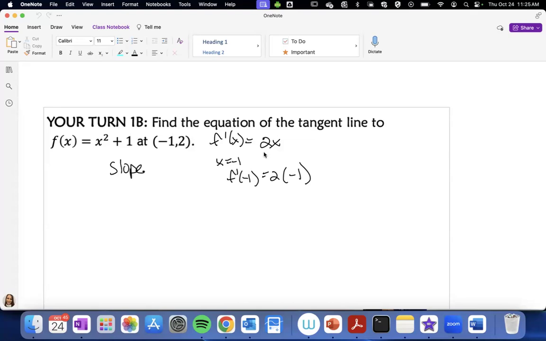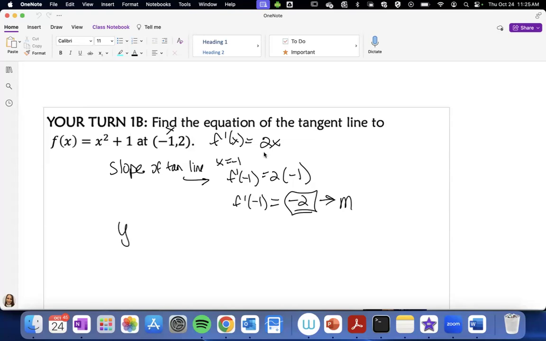The slope of the tangent line is the derivative at that x value. If that's what you missed, does that make sense? Plug it in: f prime of negative 1 is negative 2. What does negative 2 represent? The slope, it's m. The derivative is your slope.